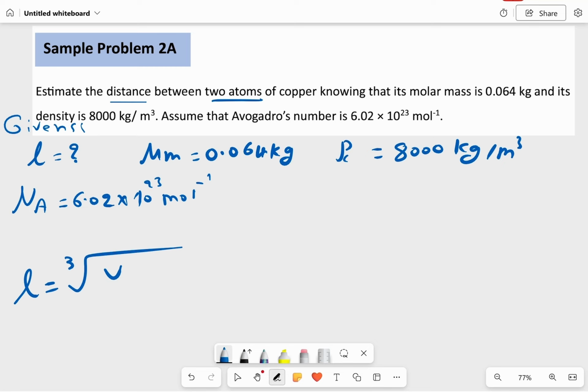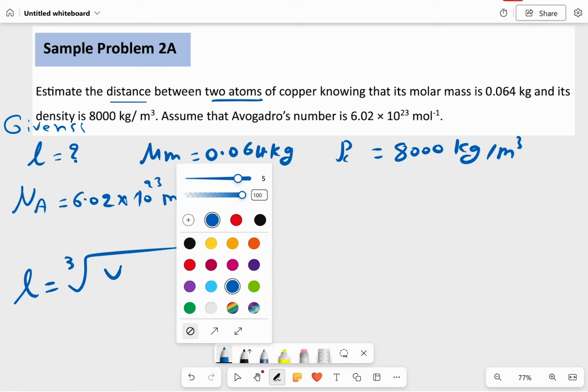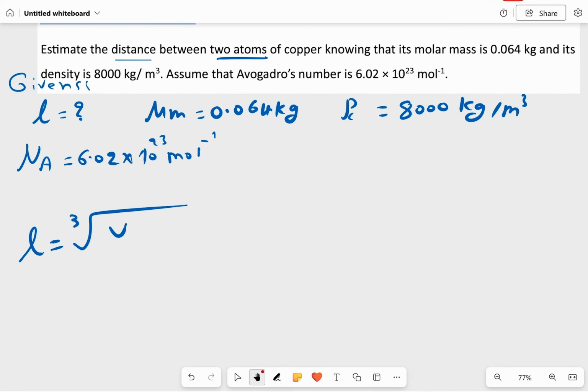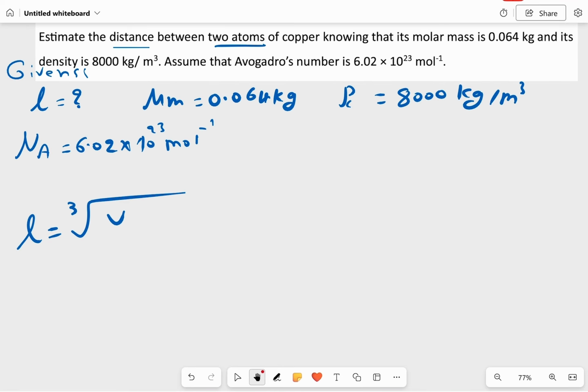Let's see. Guys, always do this and you'll never make a mistake in calculation. What equation were we using to find the volume of a single atom? This V means volume of a single atom. Careful, it's different from molar volume. We had V, the volume of a single atom, is equal to molar volume divided by Avogadro's number.